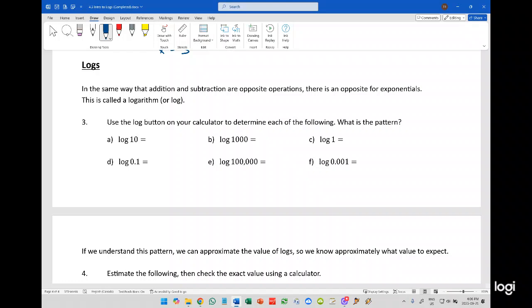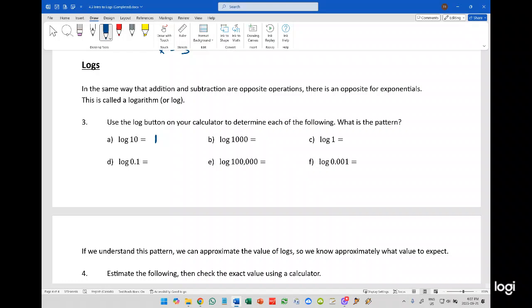A good way to check which one it is depends on how you punch in numbers like the square root of 25. If you hit the 25 and then hit the square root button, then you're going to do 10 and then the log button. And if you do square root and then 25, then you'll probably plug in log and then 10. Either way, when you do this, the log of 10, the answer should be 1, which is not very exciting.